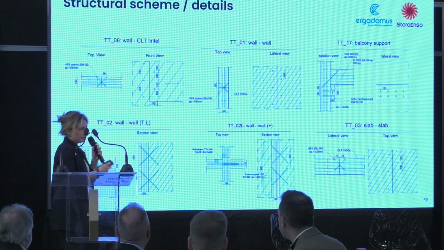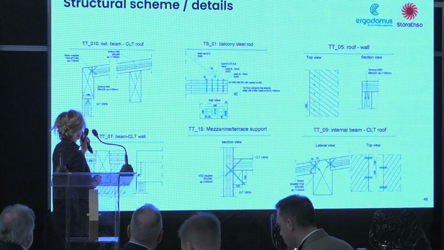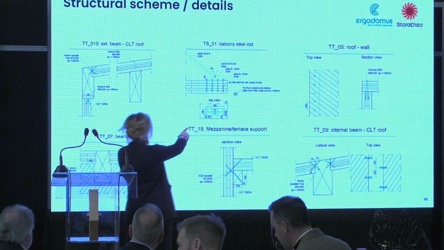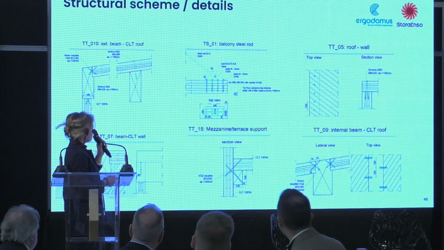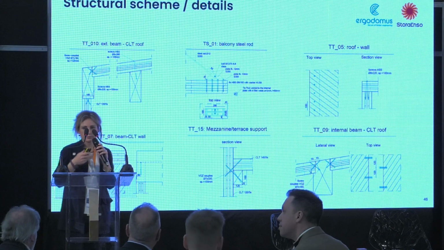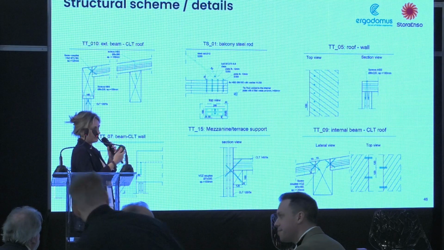On our website, you can see a lot of these typical connection details between roof and the support for the balcony out of steel. All these details have been done by the structural engineer and should be submitted to the authority for the approval.